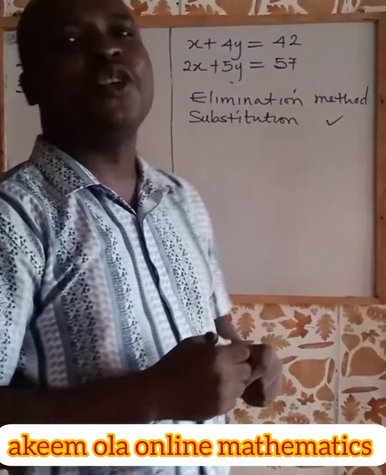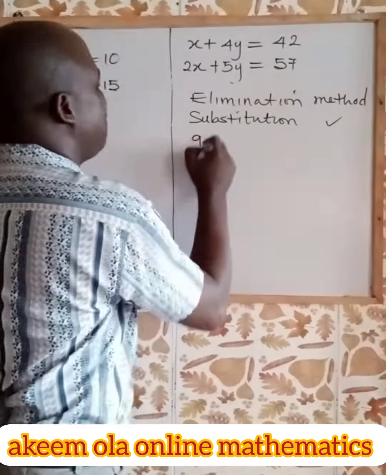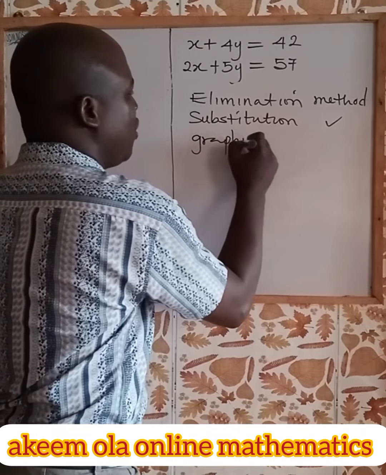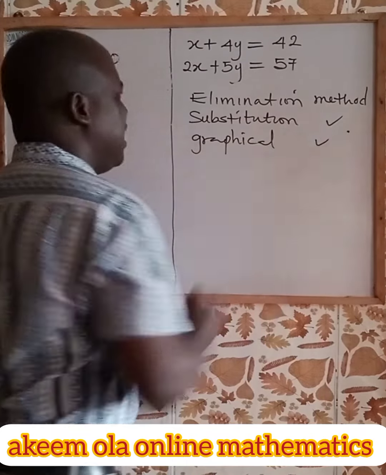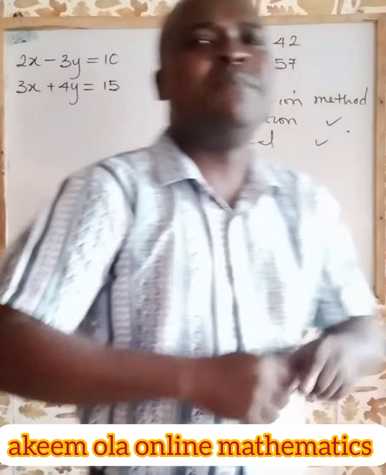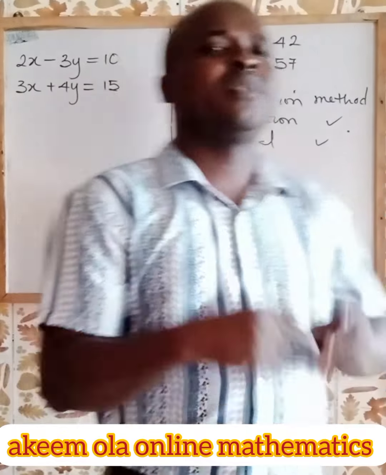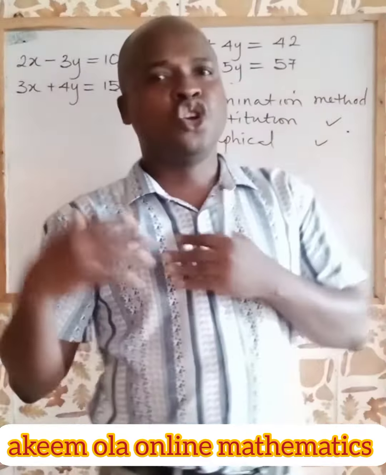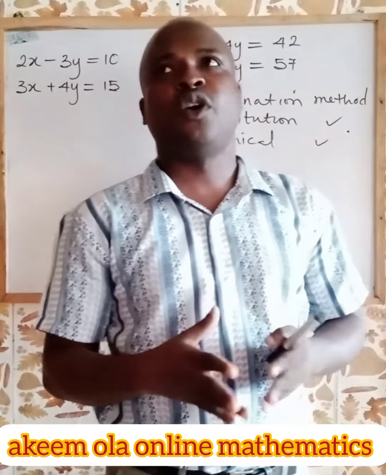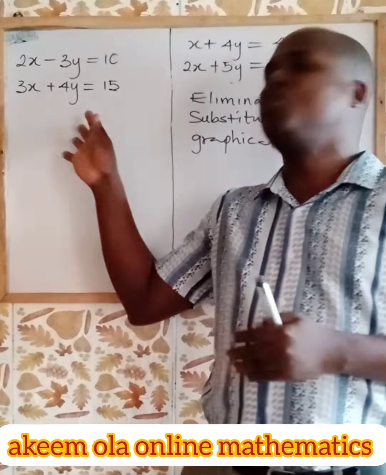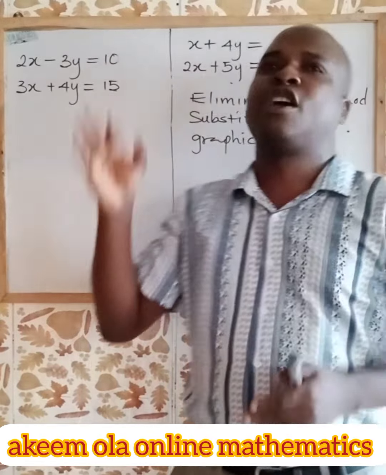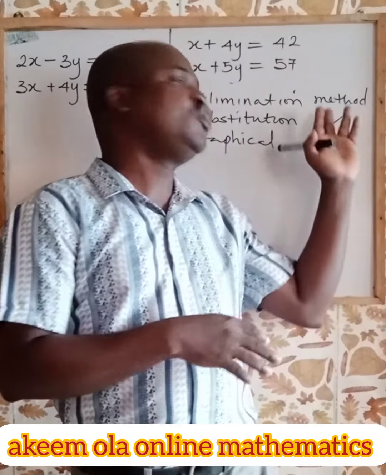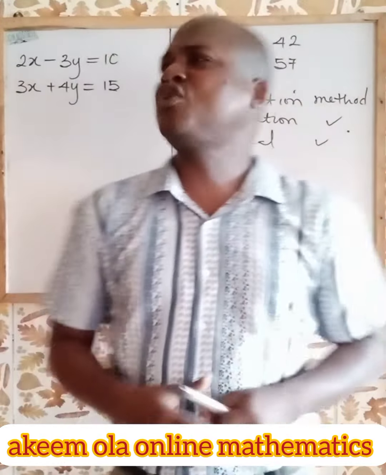And the third method is known as graphical method. Now, we are going to limit ourselves to the first two, that is elimination method and substitution method, to solve the two questions on the board. The first question, I am going to use elimination method to solve it, while the second question, I am going to use substitution method to solve it.